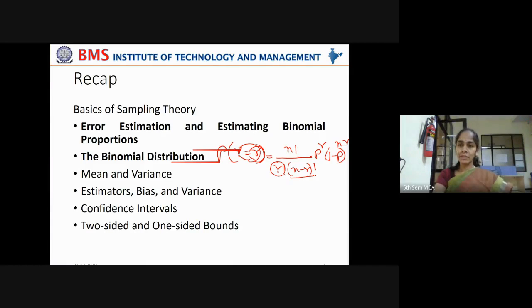So n is the number of coin tosses, p is the probability of observing heads, and r is the number of times head is observed.